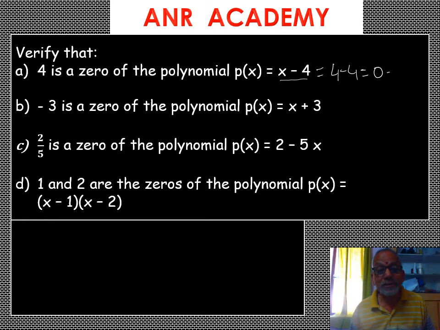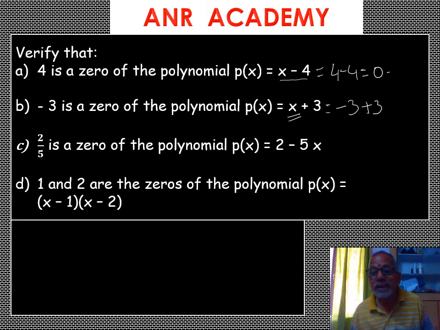Minus 3 is a zero of the polynomial p of x is equal to x plus 3. Here, in place of x, you should write minus 3. Minus 3 plus 3 becomes 0.